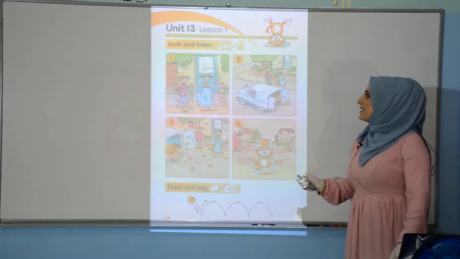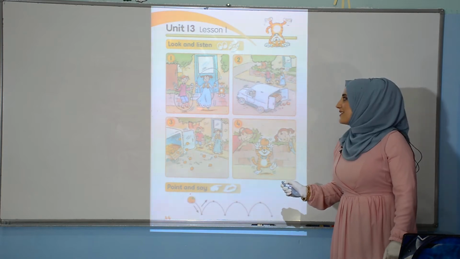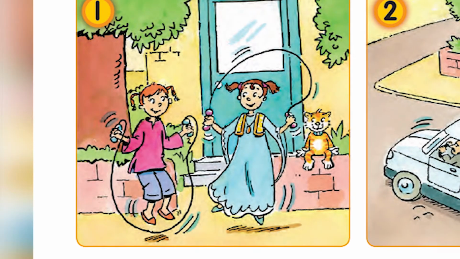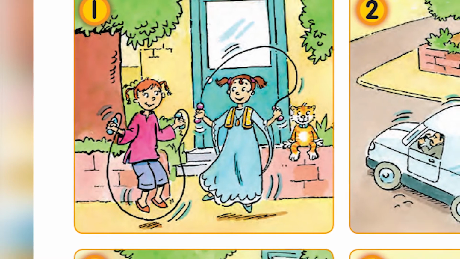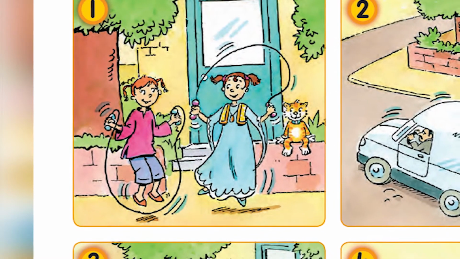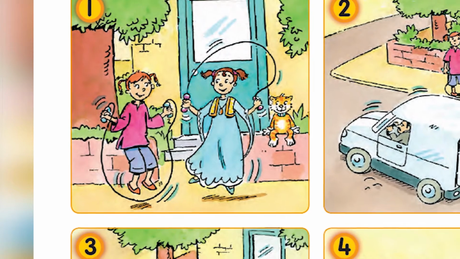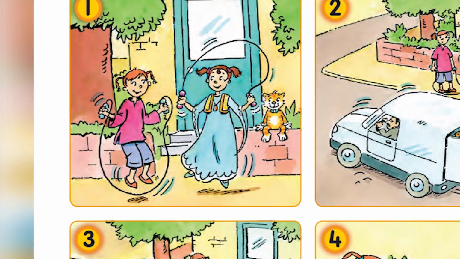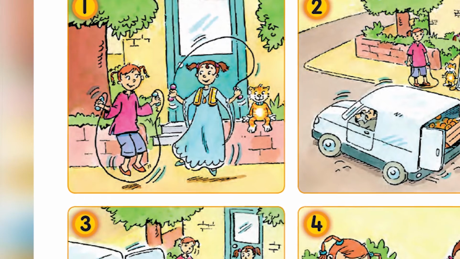Okay students, Laura and Evin, what are they doing? They are playing and they say up and down, up and down. Picture 2. Look at this van. A van is coming and Evin says, oh, it's a van, okay?